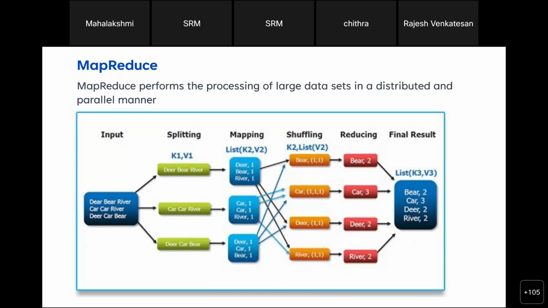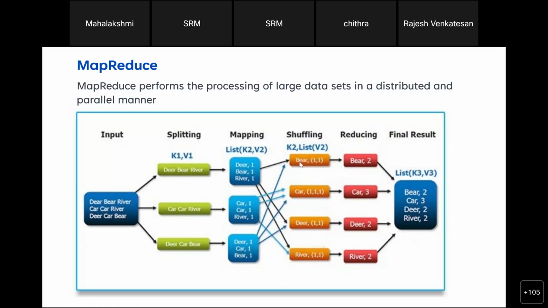After splitting, we map the content. Here, deer is counted one time, as are beer for one, river for one, car for one, and river for one. We map the split content like this. After that, we shuffle those contents.